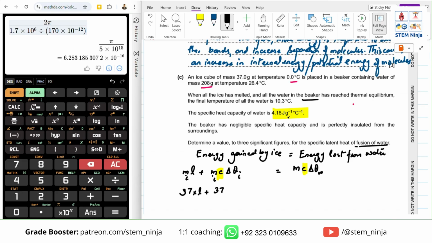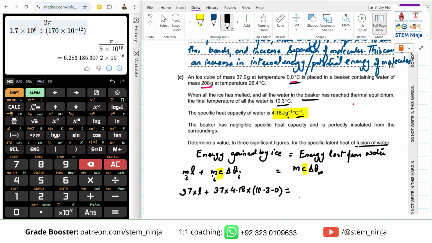This is given as joules per gram, so we can use grams over here, and also Celsius.